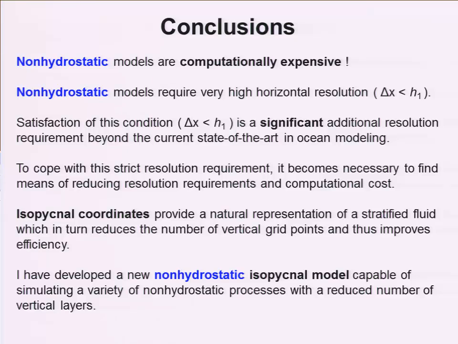And I think it really demonstrates that supercomputing will definitely play a role in ocean modeling simulations in the future, especially in non-hydrostatic simulations. Finally, I've just shown a new isopycnal model that is intended to reduce the number of grid points that you need to provide a better representation of the problem. And it's able to capture a variety of non-hydrostatic processes.